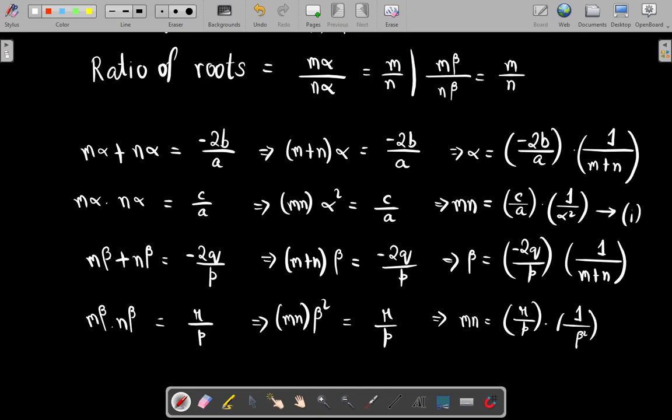Now we are given this value of α, so let me find the value of 1 upon α² from this.